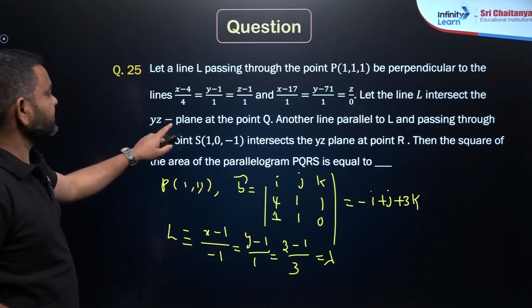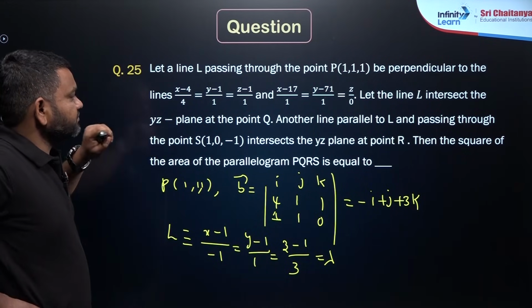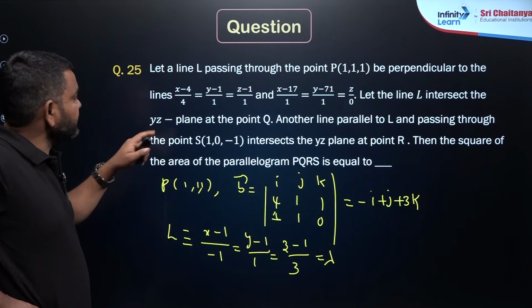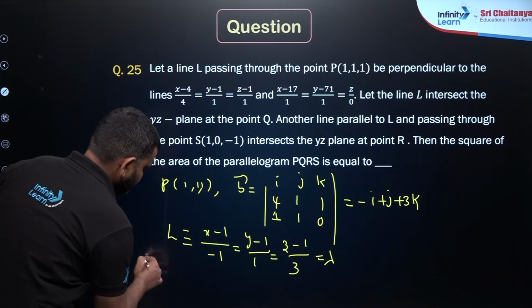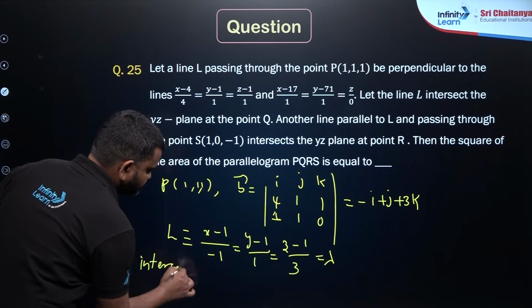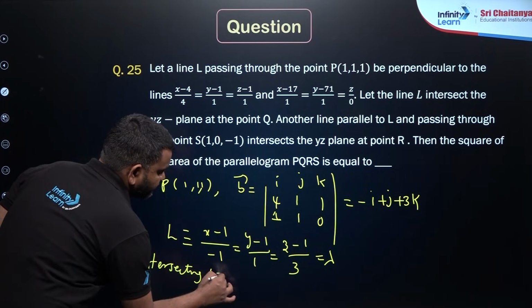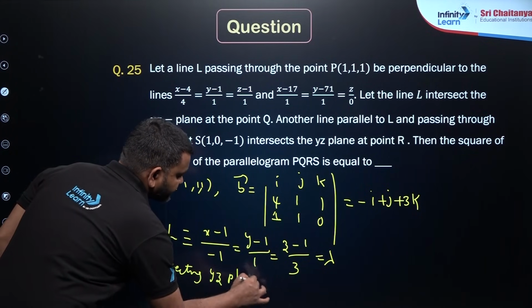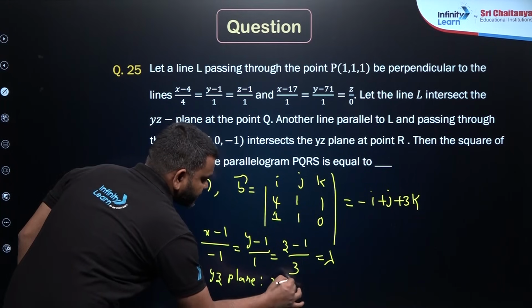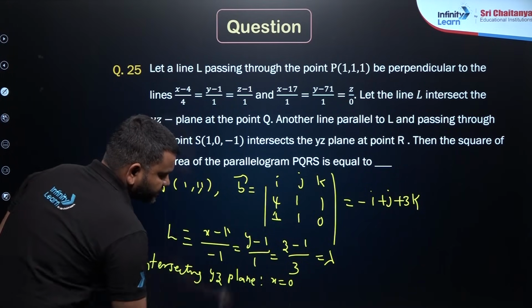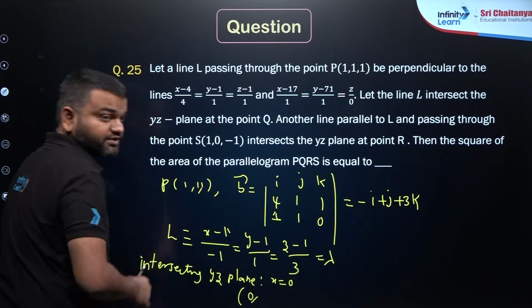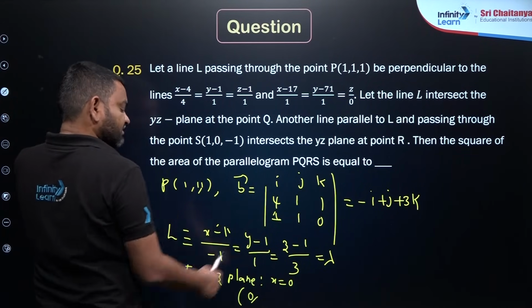Now if it is intersecting YZ plane, which means x value is 0. If x value is 0, this is going to be 1, right? So x value is already 0. And if this is 1, lambda value is 1.